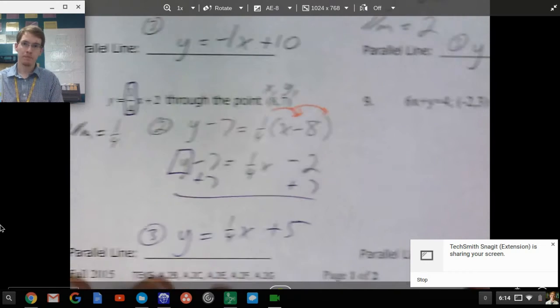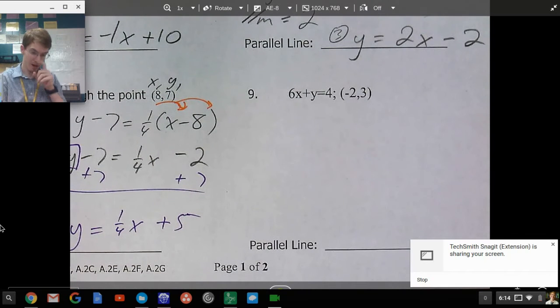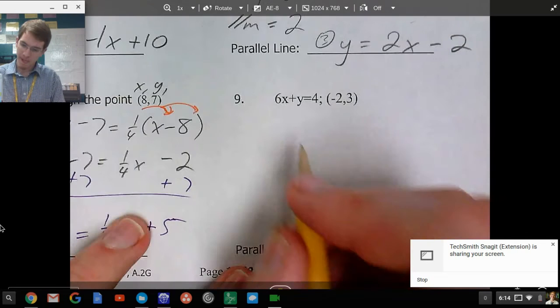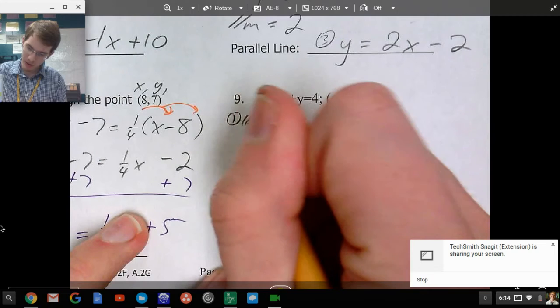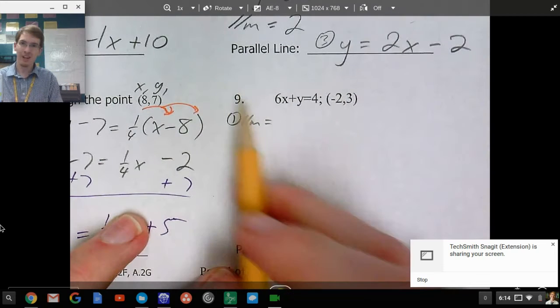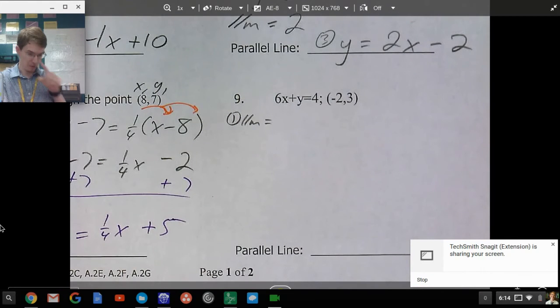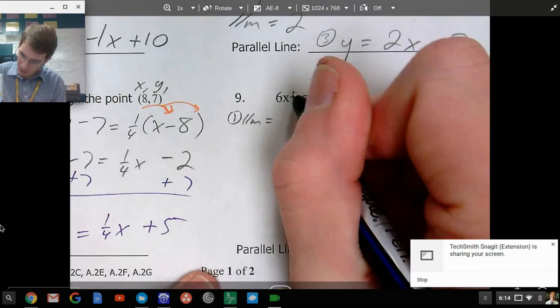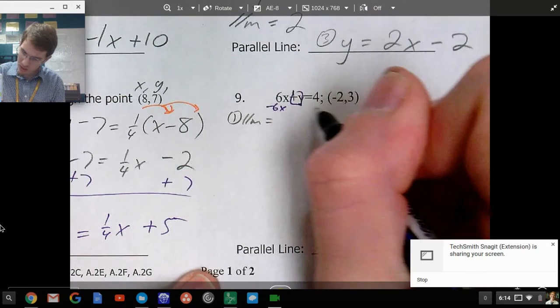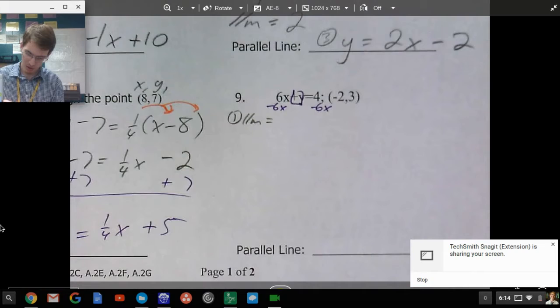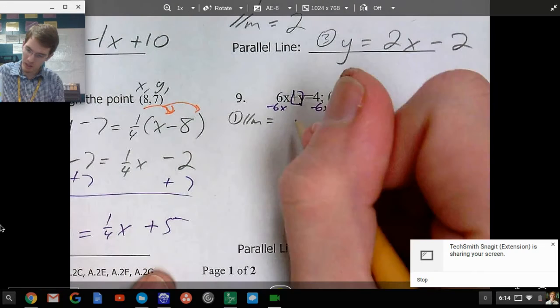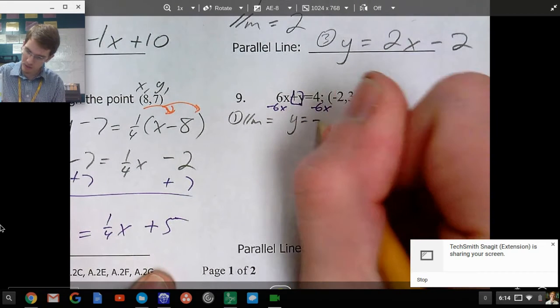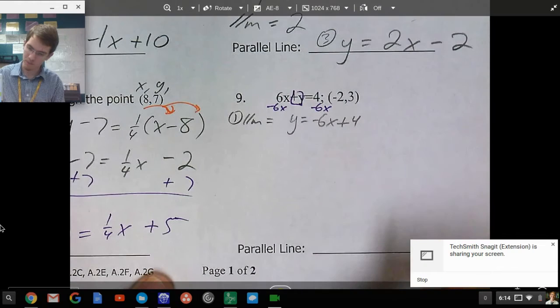Okay, number 9. Last parallel one we're going to have. First step, get our parallel slope. Well, first I've got to figure out the slope for this one. So I want to get y by itself, so I'm going to subtract 6x. All right, so this equation is y equals negative 6x plus 4.